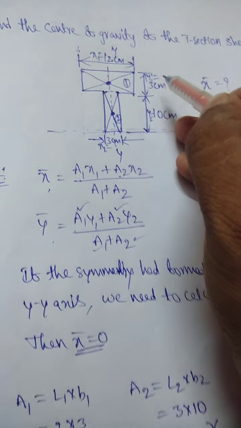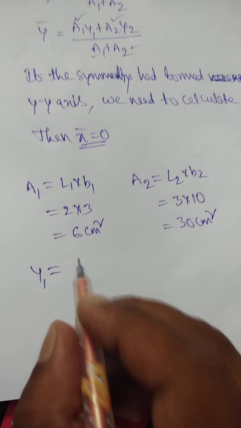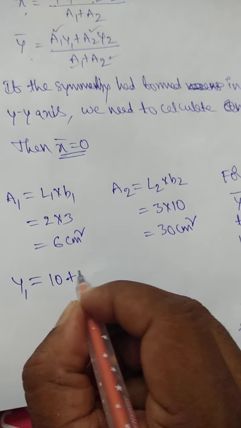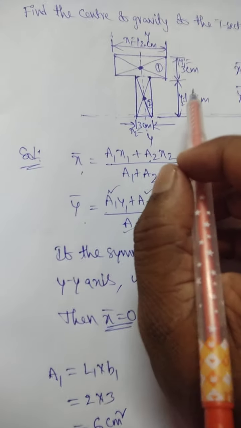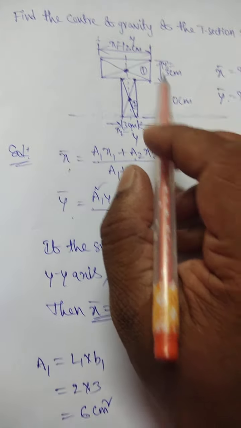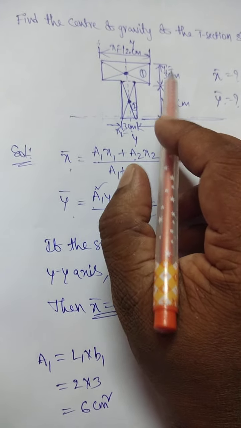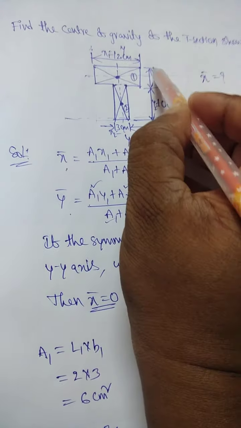As part 1 is above the 10 centimeters, y1 is 10 plus 3 by 2, since we divide the first section into 2 parts.